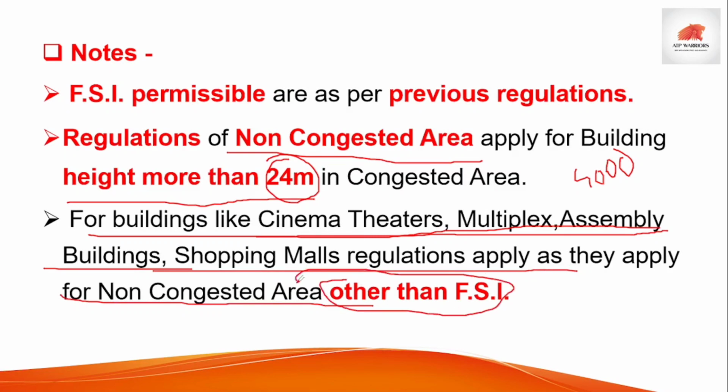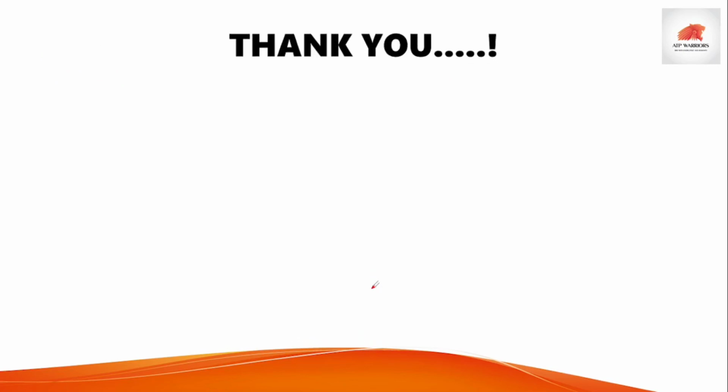See, they are not compromising in any case for the FSI, but at the same time they are ready to apply the regulations of the non-congested area. So you just have to keep in mind that there is no relaxation in FSI in case of congested areas.